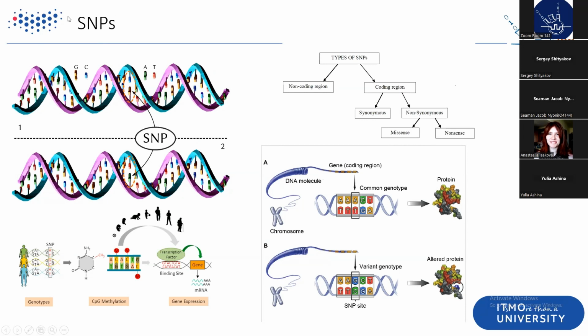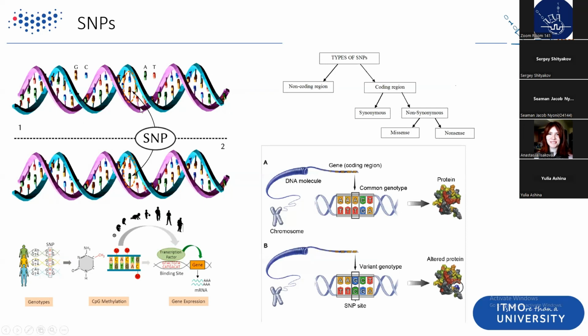So the SNPs are single nucleotide polymorphisms, which means that you have the substitution of a nucleotide as shown here. So one substitution would give you some variations in the genes.